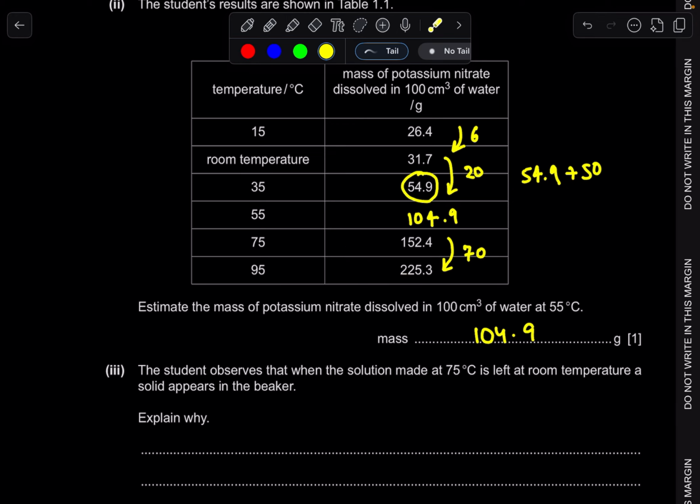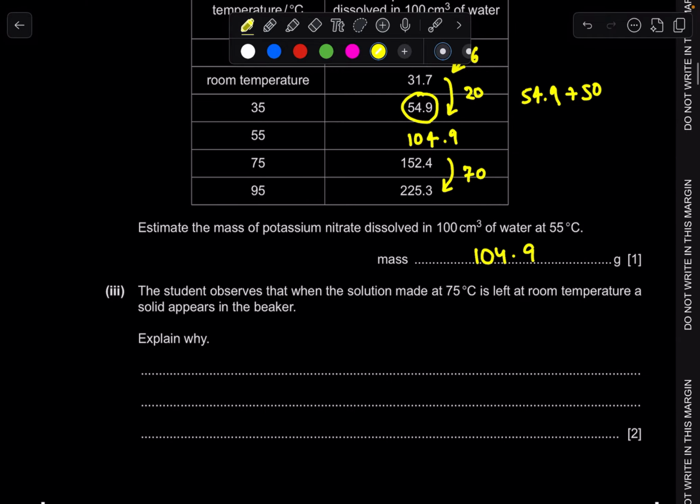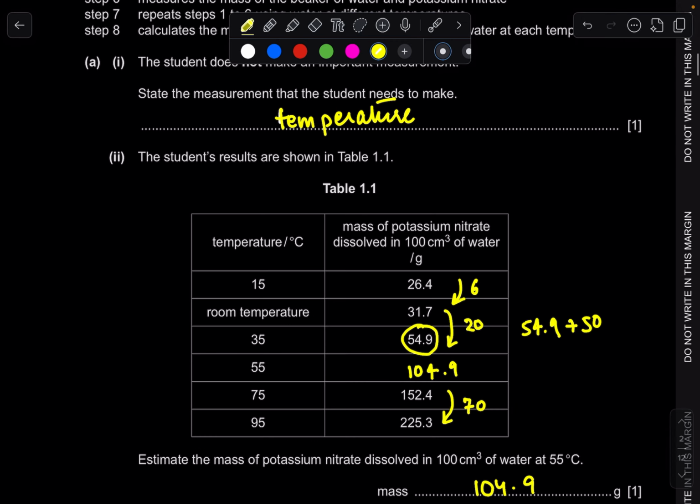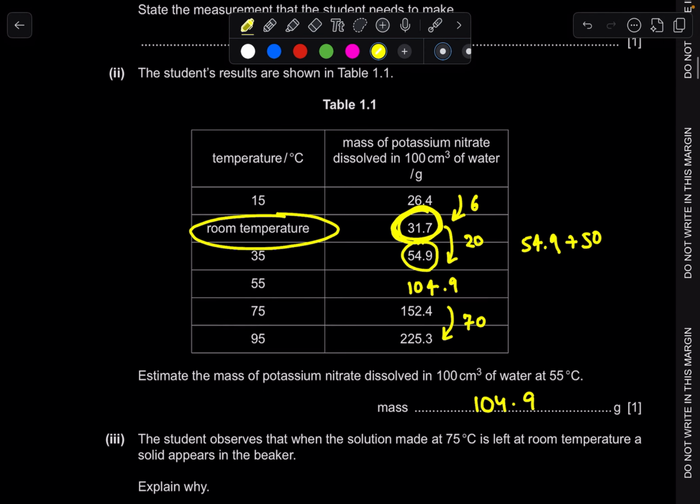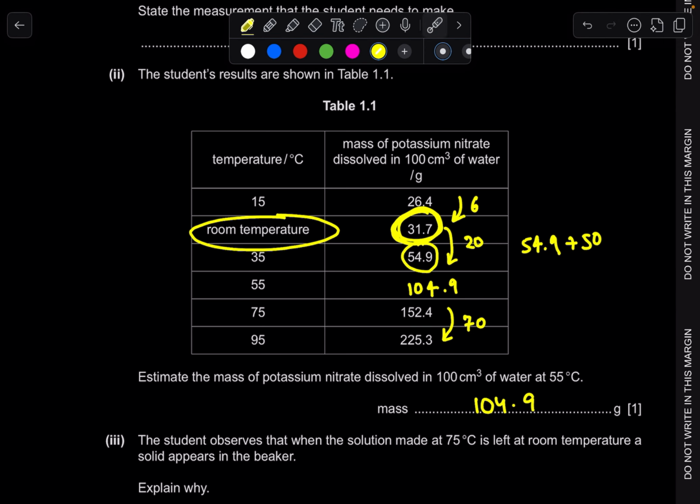Okay? So what's happening is that it's getting cooled. You're cooling the solution. So white crystals are going to appear of the excess that you tried to dissolve in it because of extra heating. Because at room temperature, only this much can dissolve. So if you have this much dissolved, when you cool it down back to room temperature, only this much is going to remain dissolved.